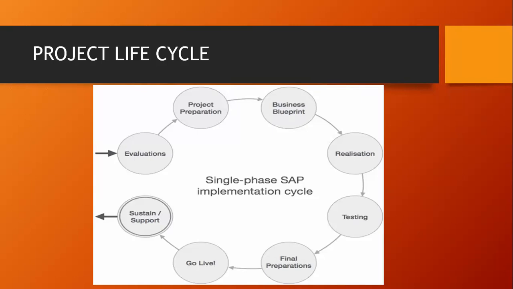So after testing, if there is need for adjustment or corrections, they do that in the final preparation, and the next phase is to go live. Of course, when they go live, that is when end users come into play and transactions are being done. Now, the next is support, and this is where most consultants remain in the system, because most likely when the implementation is done, you will need a team of SAP consultants to support, because it's a whole lot.